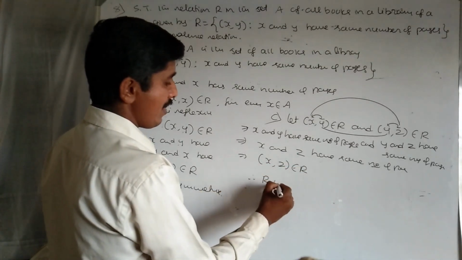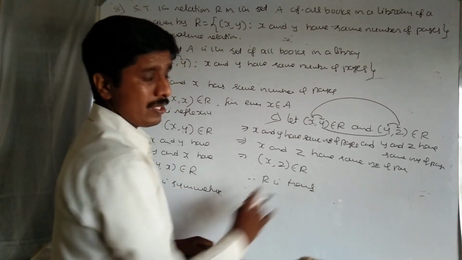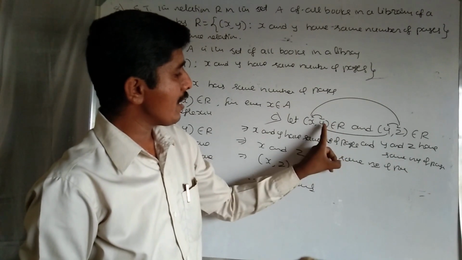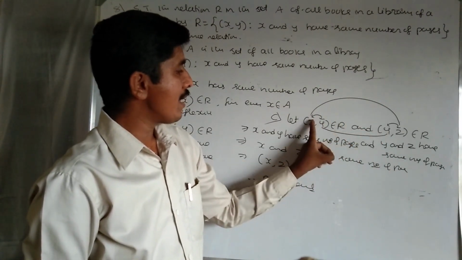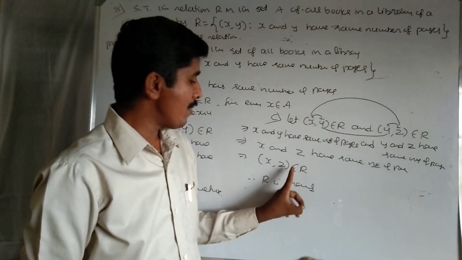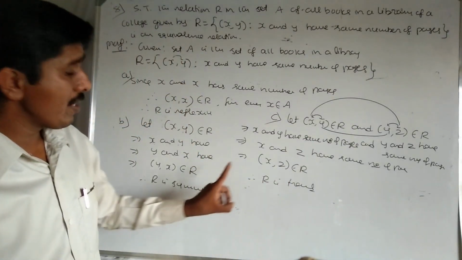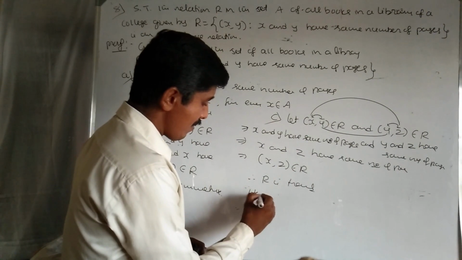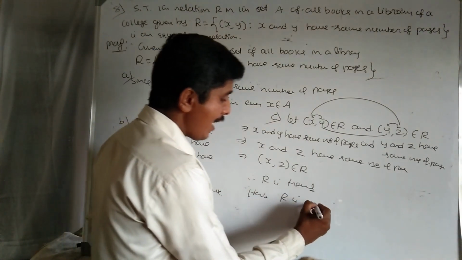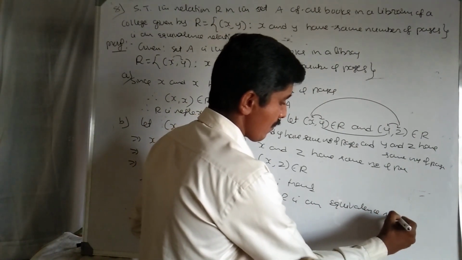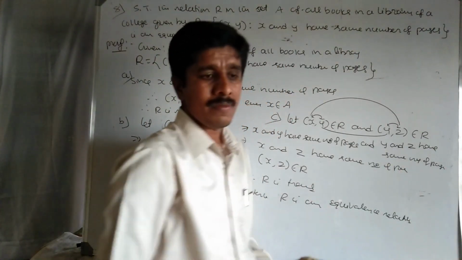Therefore, the relation is transitive. (x, y) belongs to the relation and (y, z) belongs to the relation, their middle elements are equal, then (x, z) belongs to the relation. It is transitive. Clearly, it is reflexive, symmetric, transitive. Hence, R is an equivalence relation. Thank you very much.